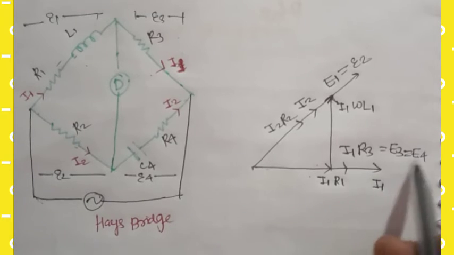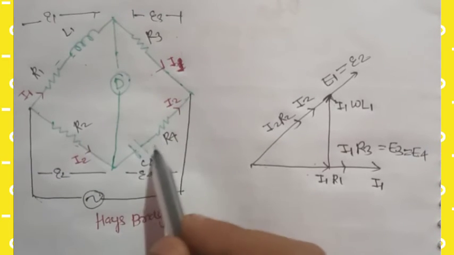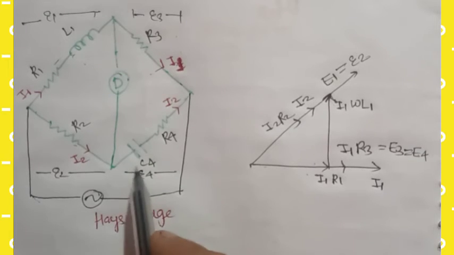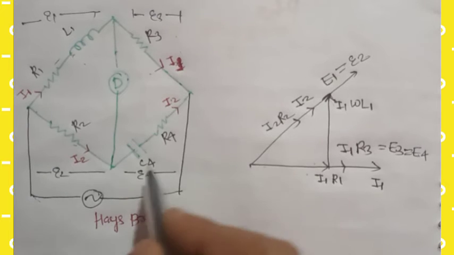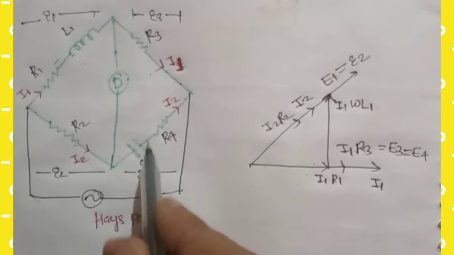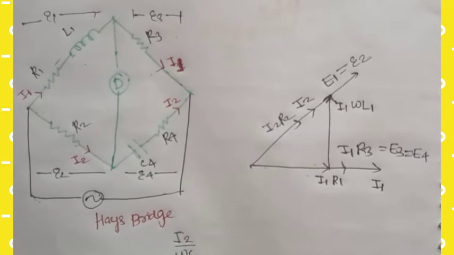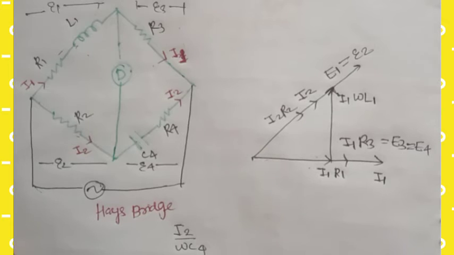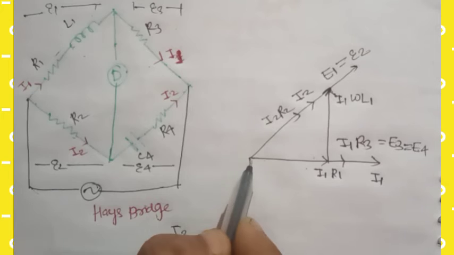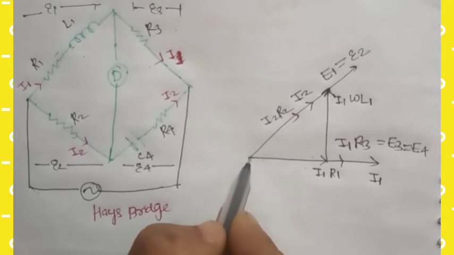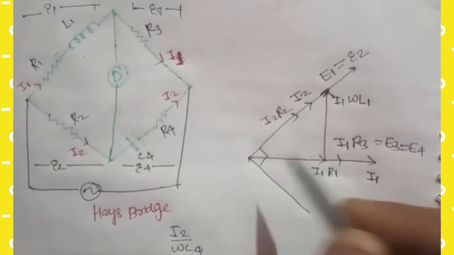Friends, here we will see that E4 will be equal to the voltage across this and the voltage across this. Here is a capacitor. In a capacitor, current is leading the voltage across it. We know that the voltage for this capacitor will be I2 upon omega C4. Here is I2. Then we will draw the voltage lagging from this by 90 degrees.